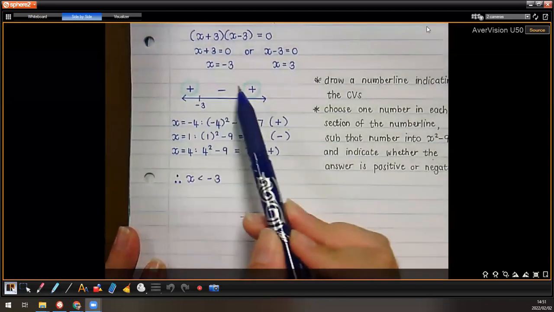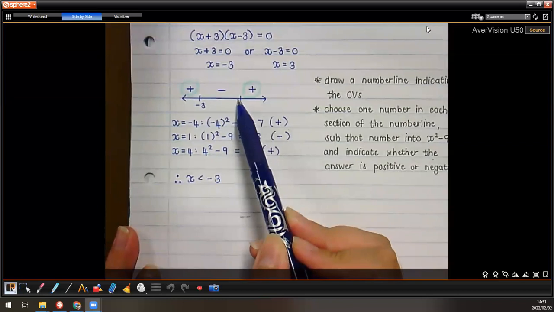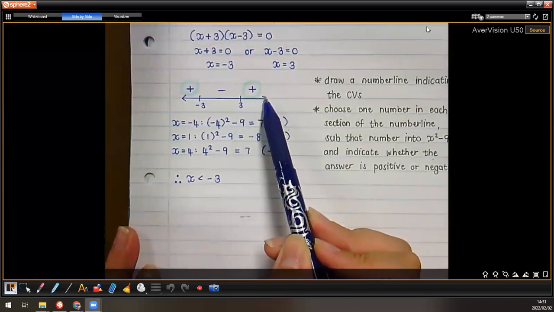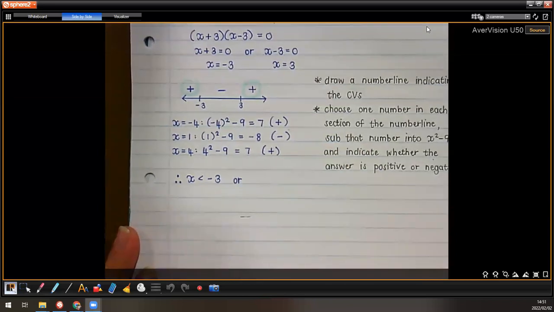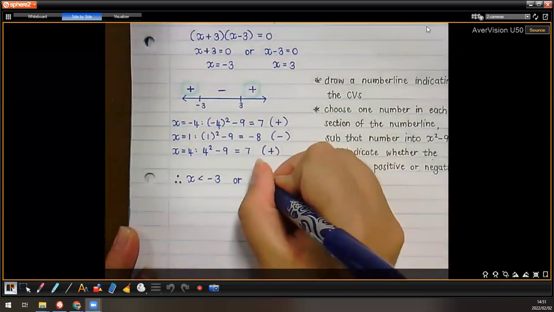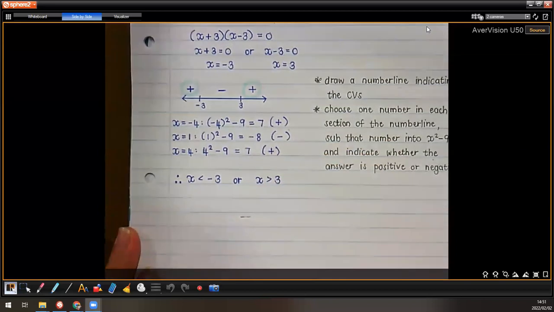But there's a second part in our answer as well. Where x is bigger than 3, right? So you have to put or, just like we did with the equations, where x is greater than 3. You can, but you don't have to. But you can if you want to.